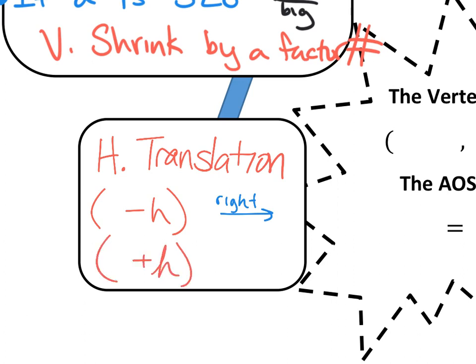If there's a plus H on the inside of parentheses, which direction is it going to move? To the left, because it's horizontal and inside and opposite. That's what we learn from the H in the vertex form. It's subtracted or added on the inside of the parentheses. What letter is left? K.